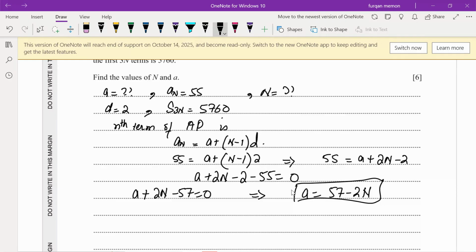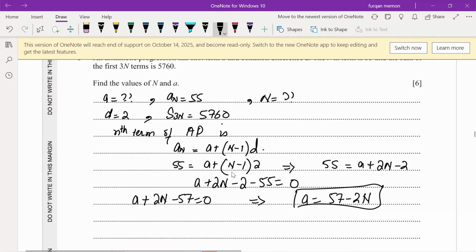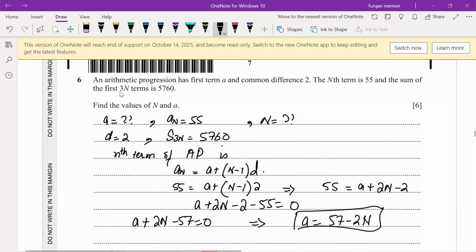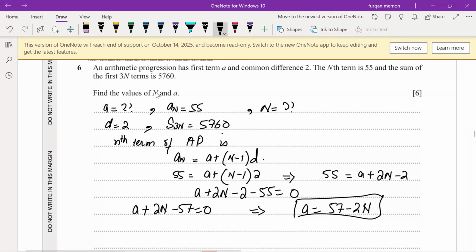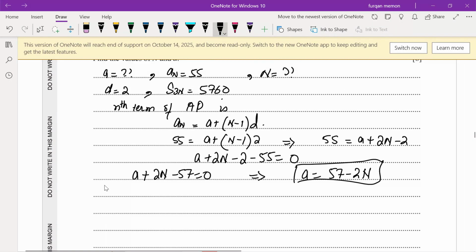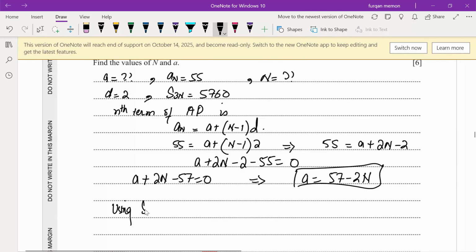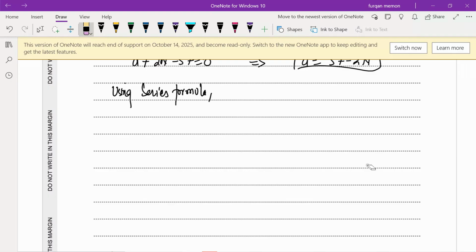So we have found the value of a in terms of n. Now we can use the second condition, which is that the sum of the first 3n terms is 5060. Using the series formula, S_n equals n over 2 times (2a plus (n minus 1) times d).